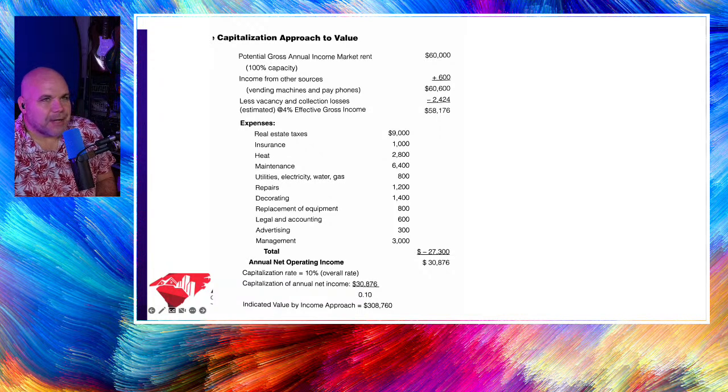That's $600 more, so a total of $60,600 of gross income. Now let's take out for the fact of reality that 4% of those units are not rented at all. We're not getting rent for 4% of them. Between that and collection losses, we're subtracting $2,424. So the effective gross income is $58,176.